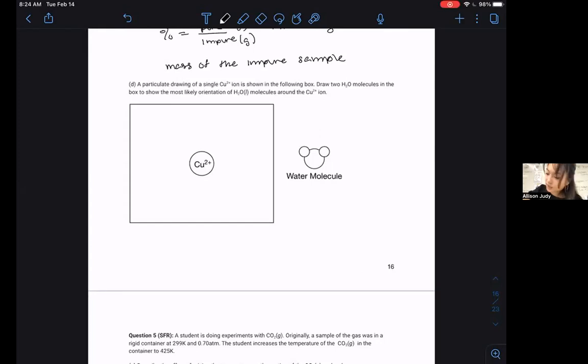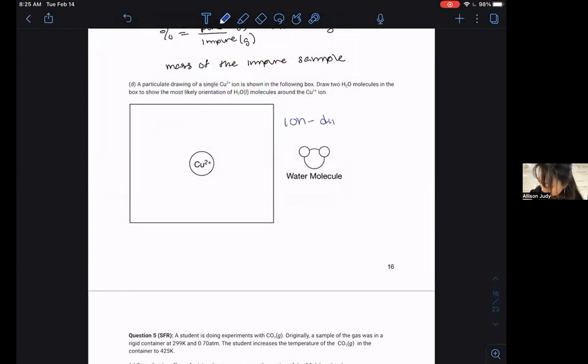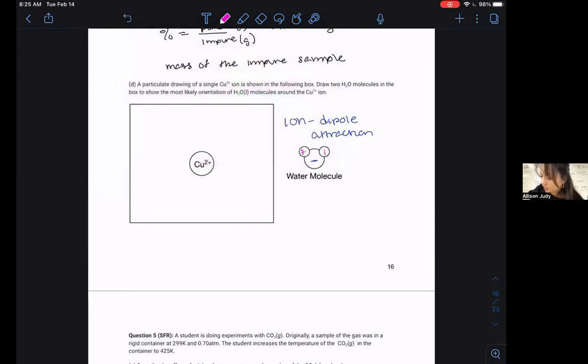What you would show is that this would be an ion-dipole attraction, right? That unique kind of IMF, it's very special to ionic compounds. Our water molecule would be oriented so that the more negative region would be closer to the cation, and the more positive region of the H's would be further away.